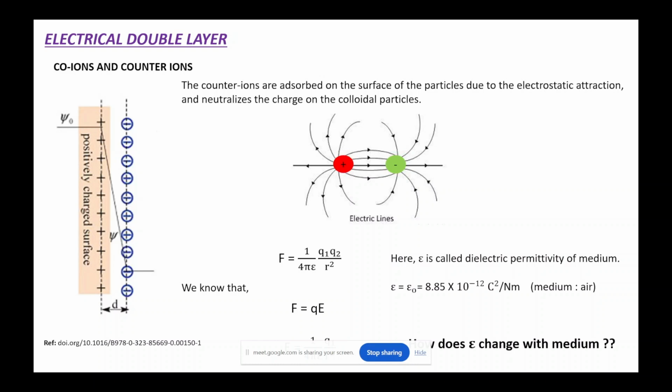But it's not only batteries. Apart from batteries, you have many other energy storage devices. The second one is the supercapacitor. I'm not sure how many of you have heard the word supercapacitor. In a supercapacitor also we use the mechanism of the electrical double layer. I hope everyone here knows what a capacitor is. If you remember the electrostatics concept, you would have learned the concept of a capacitor.